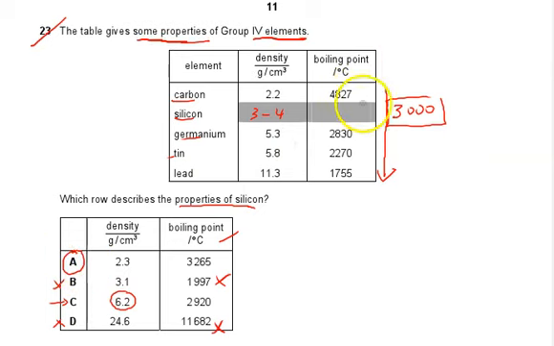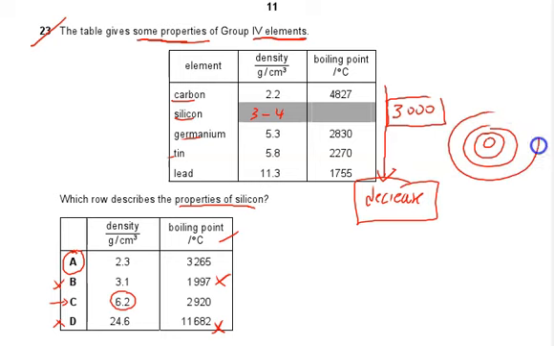And then the reason why the boiling point for group 14 is decreasing going down: the atoms get bigger and bigger, so the electrons have less attraction force from the nucleus.